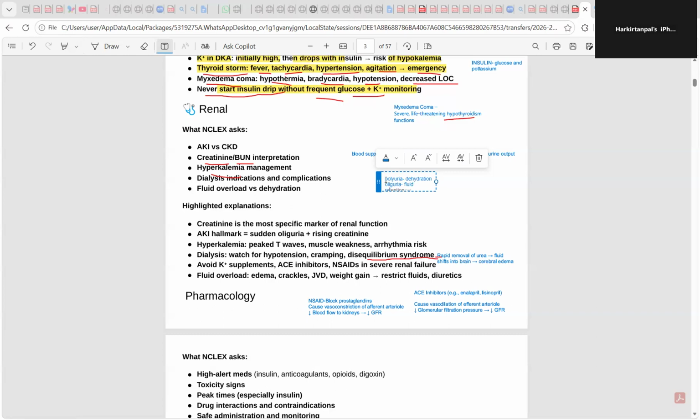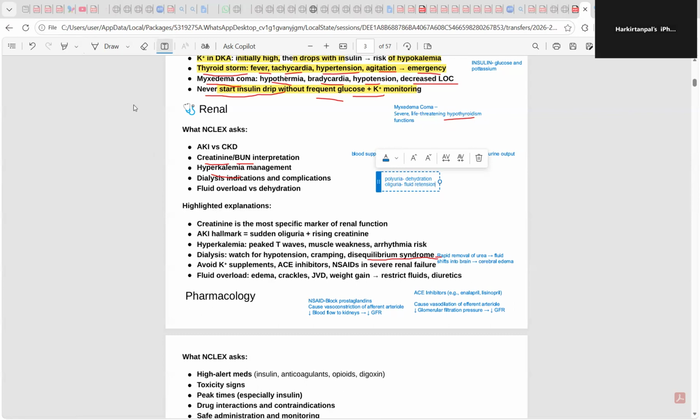In polyuria, excess water is lost through the urine. But in oliguria, there is decreased urine output, so the fluid is not eliminated as urine, and it can lead to fluid retention. For example, it can lead to edema, and hypertension can occur. So here we need to monitor the patient for fluid overload as well as dehydration.